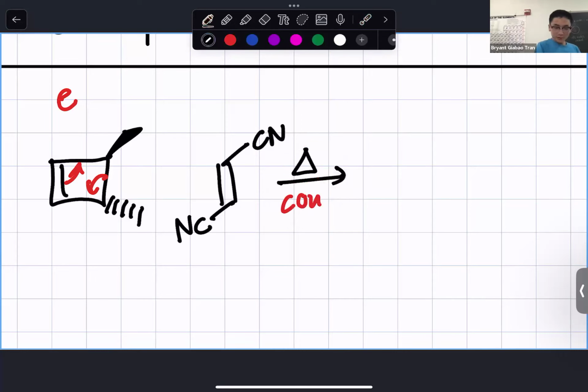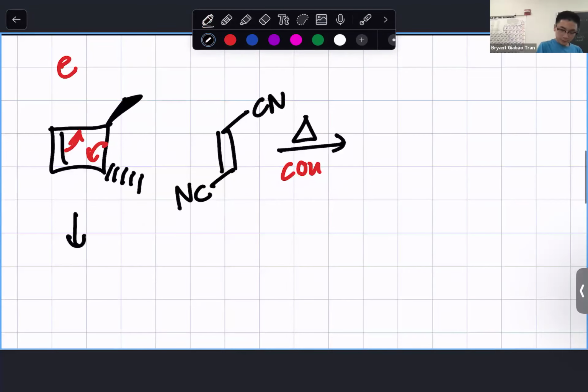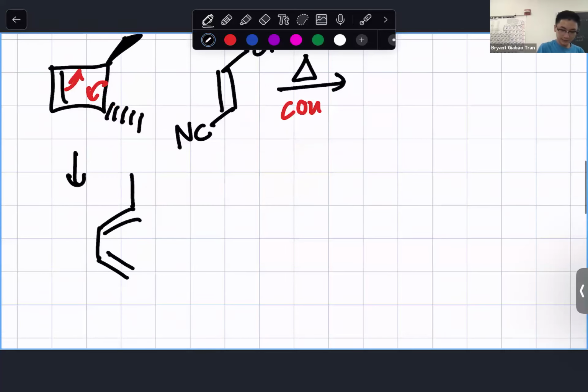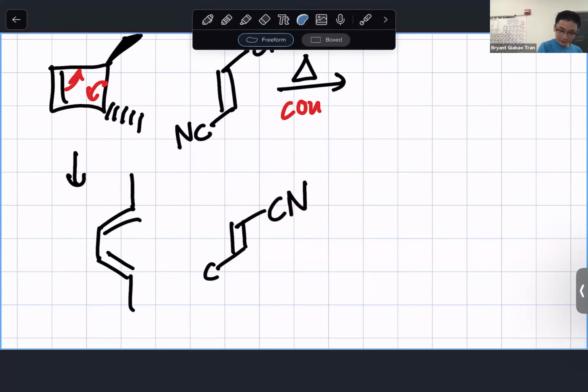So when I ring open it, let's say this goes counterclockwise, this has to go counterclockwise as well. What are going to face away from each other, right? So when I open up the ring, I get this diene where the methyl groups are facing away from each other like that, right? And then we have the dienophile here.